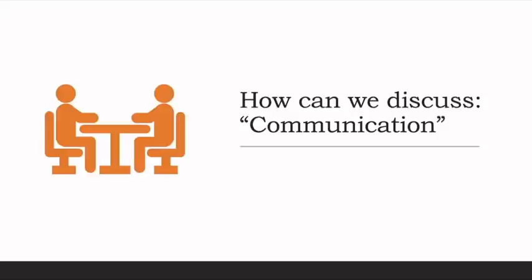Now, let us assume that we have to discuss and explain the topic communication and various types of communication in a class. In order to discuss the said topic, the following exercises and ways can be experimented.